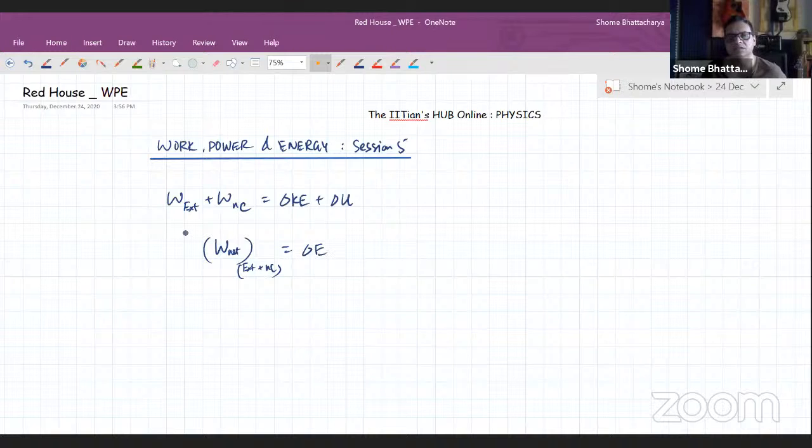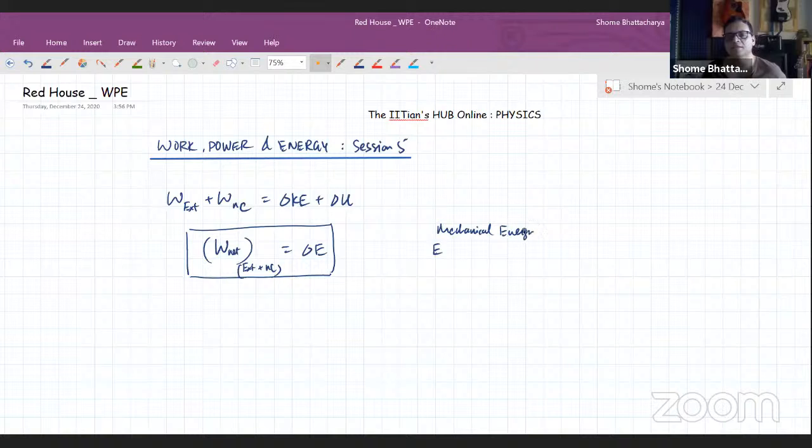This is the same thing as above, where the left hand side is work done by external plus non-conservative, and the right hand side is the change in the total mechanical energy of the system, the sum of kinetic energy plus potential energy.